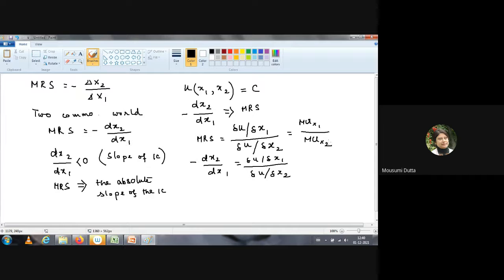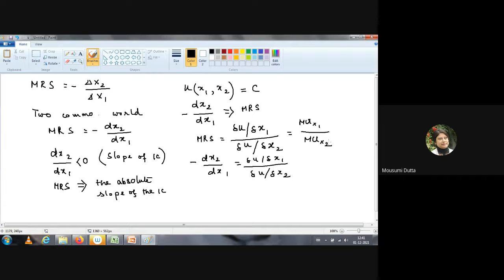So if there is a change in utility due to change in consumption of x1, this is the marginal utility of x1. In the denominator, we have del u by del x2. Okay, that is the marginal utility which we are getting from x2, the additional utility we are getting if we increase the consumption of x2 by one additional unit. So it is the marginal utility of x2.